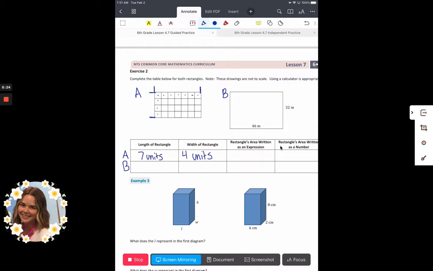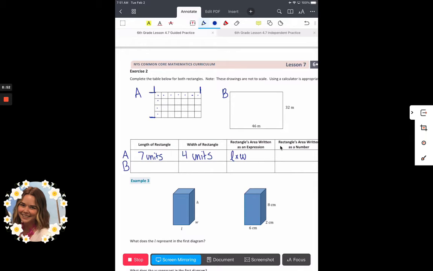And to write the area as an expression, I'm going to say length times width. So a lot of times when we use an L for a variable, we'll write it as a cursive L rather than a printed L, because a printed L can look like a 1.